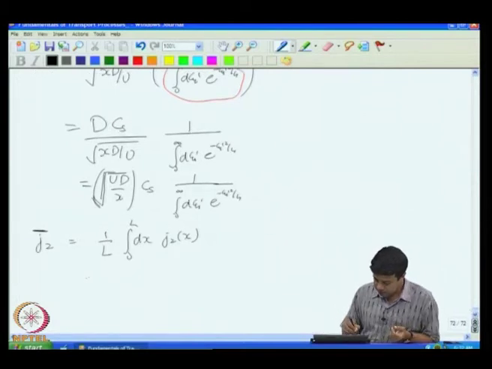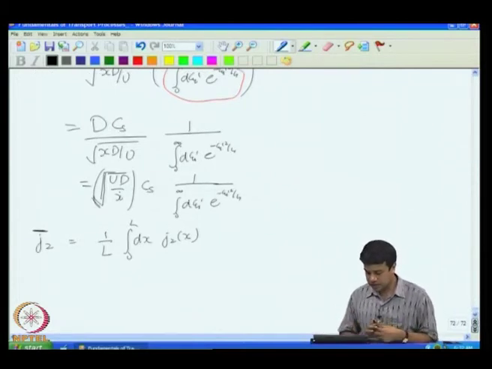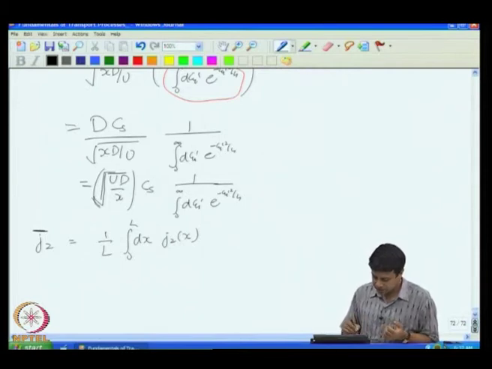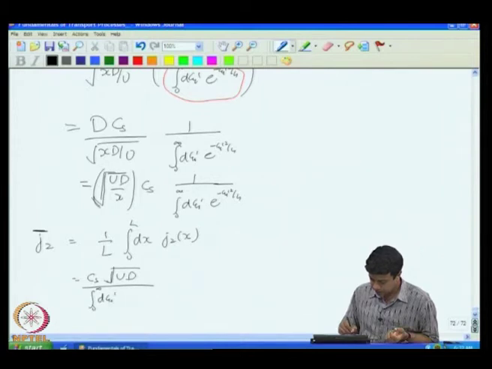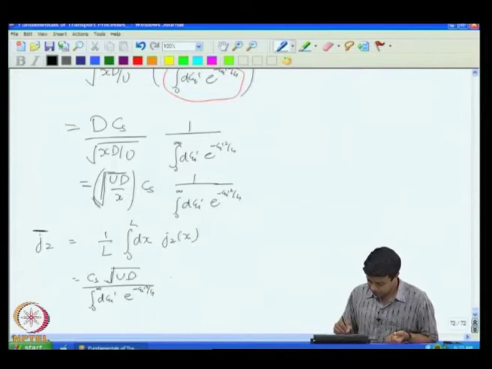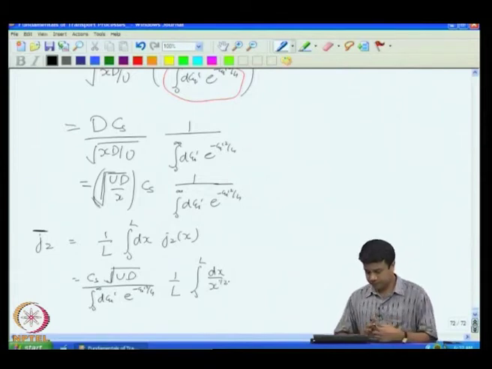This is quite easy to do, because the only dependence on x comes in through 1 over square root of x. So, this is equal to Cs square root of u D by integral 0 to infinity d psi prime e power minus psi prime square by 4, into 1 over L integral 0 to L dx by x power half.